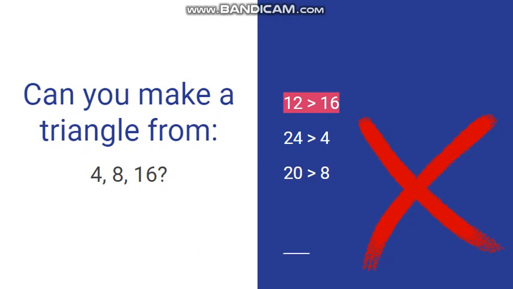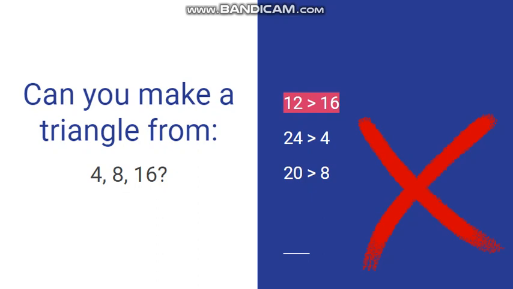If I cut out a strip of paper that was 4 inches long, a strip that was 8 inches long, and a strip that was 16 inches long, you'd see that you would not be able to form a triangle out of those three pieces without having a little bit of extra hangover, or ripping something off. Okay, so those are our first two exercises.